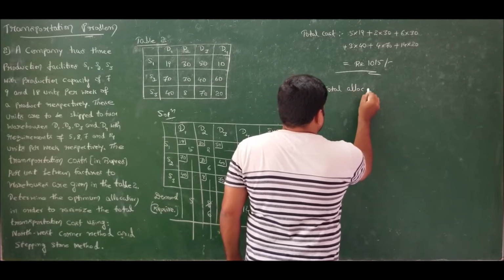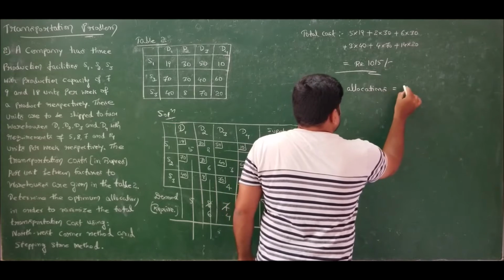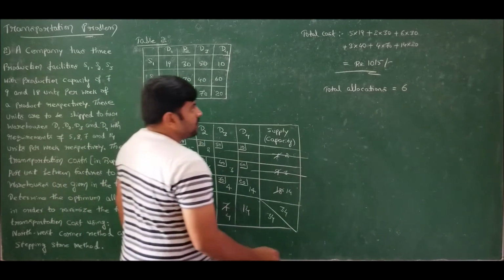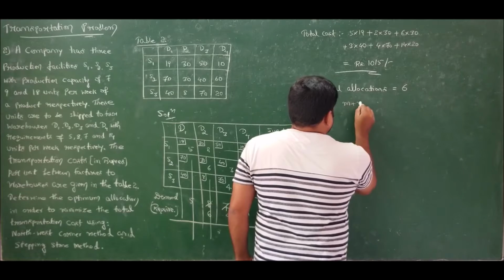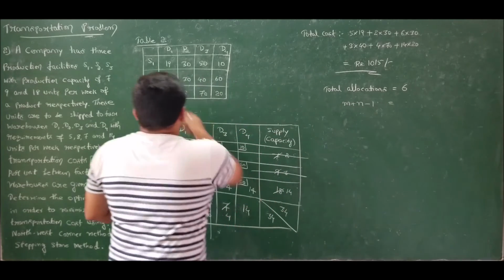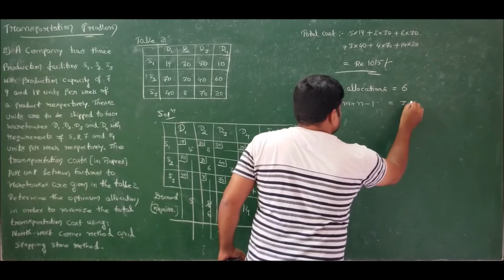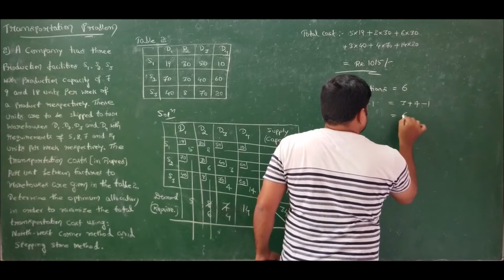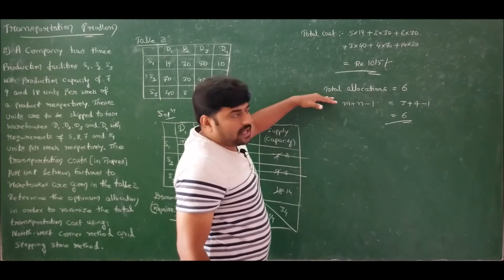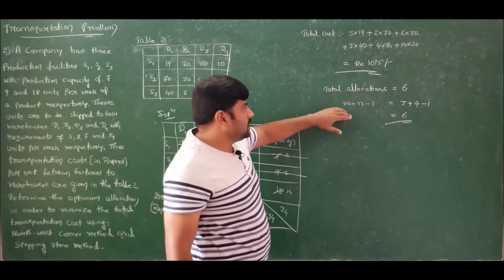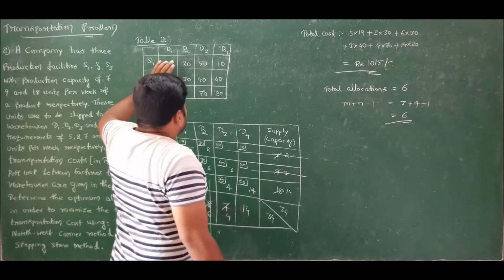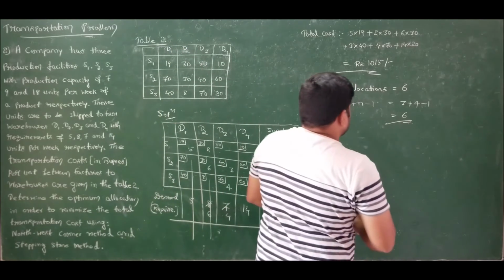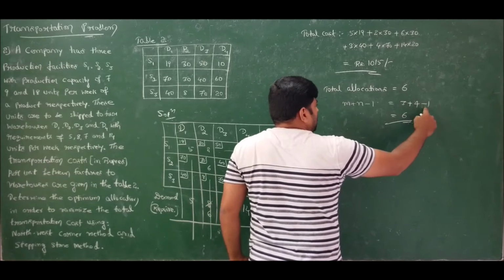We have made 6 allocations, 1, 2, 3, 4, 5 and 6, whereas number of rows plus number of columns minus 1: we have 3 rows plus 4 columns in the question minus 1, which is also 6. So the total allocations we have made and m plus n minus 1, where m and n are the number of rows and columns in the unit cost matrix, which is 3 cross 4, so 3 plus 4 minus 1 is also 6.